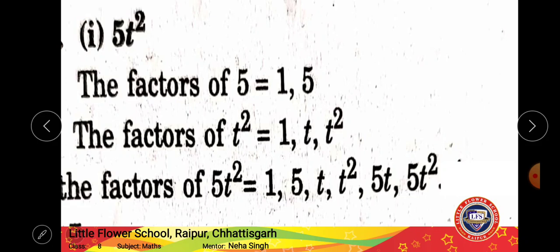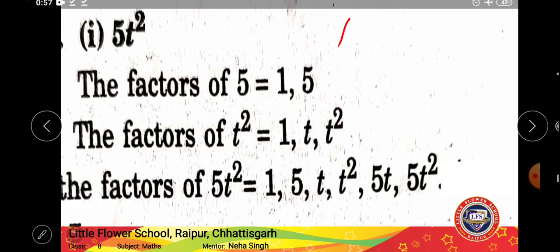How are we going to find the factors of an algebraic expression? This one, t square. First, 1 will be the factor of every number, right? Whether it is a number or an algebraic expression, 1 will be the factor. So the first factor is 1.